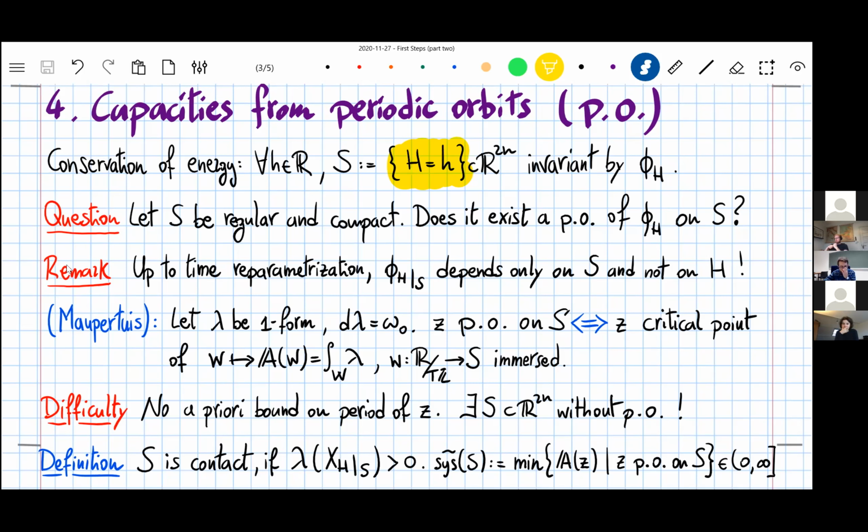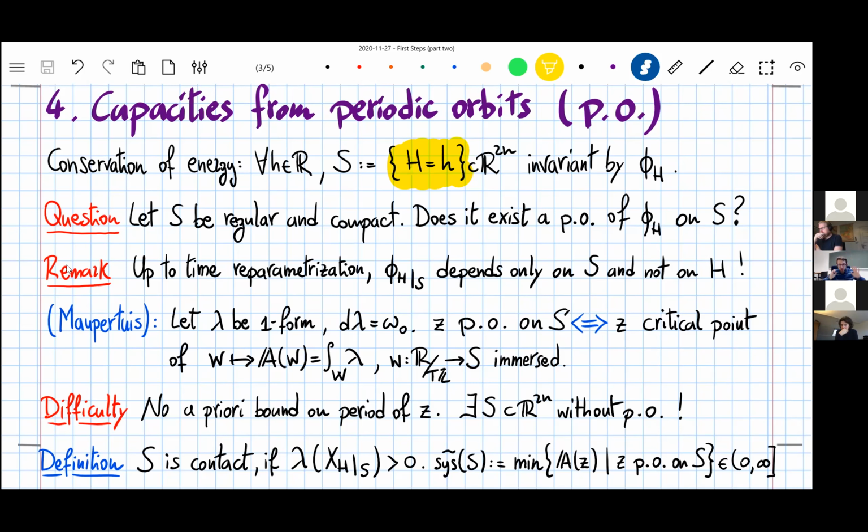If I take a one-form with this property, then one sees that you have a periodic orbit on the hypersurface if and only if z is a critical point of the action, which is obtained by integrating lambda along a loop on the surface, which is immersed. So if you look inside this class of loops, loops in the surface which are immersed, and look for critical points, then you find exactly the periodic orbits for your Hamiltonian flow on the hypersurface.